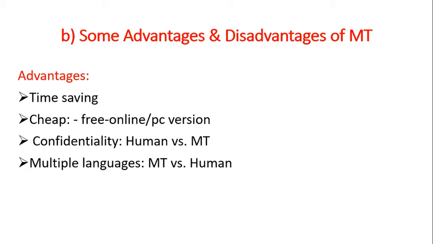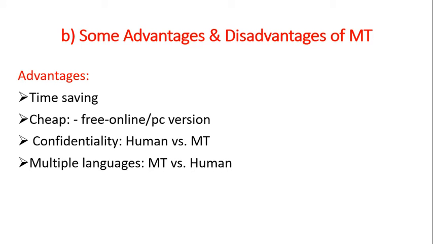Confidentiality is also very important. When a text is given to a human, of course, you are trusting and relying on that human translator, and maybe your documents are classified or confidential. So you are disclosing your confidentiality to other people. Whereas confidentiality is relatively better in machine translation.